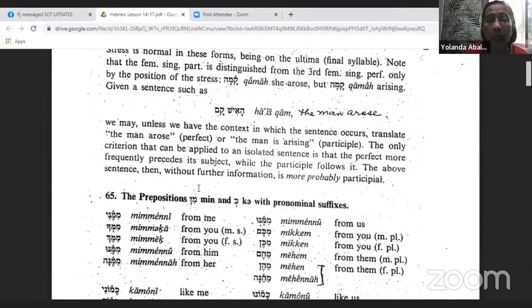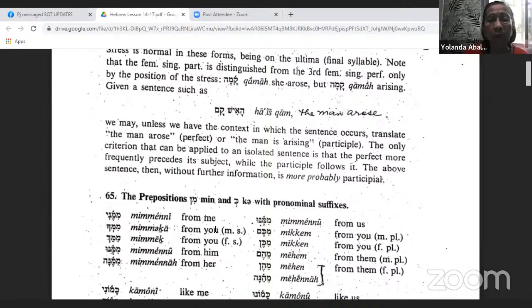Ang salitang min, ang ibig sabihin from, at ang suffix niya ay nasa dulo tulad ng i, yod. That means to say first person speaker singular. So meron tayong mimeni, from me. Mimenu, from us.